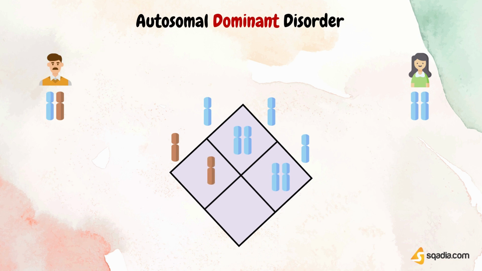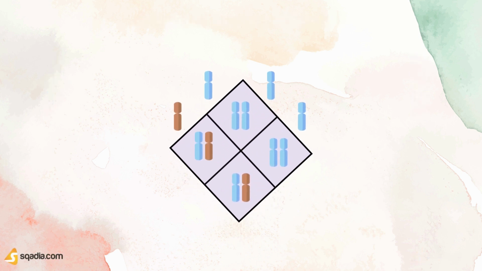In the fourth child, a diseased chromosome from father and a normal chromosome from mother. So 2 out of 4 children are diseased. We can say the chance is 50% that the progeny would be affected. So Huntington's disease is an autosomal dominant disorder.